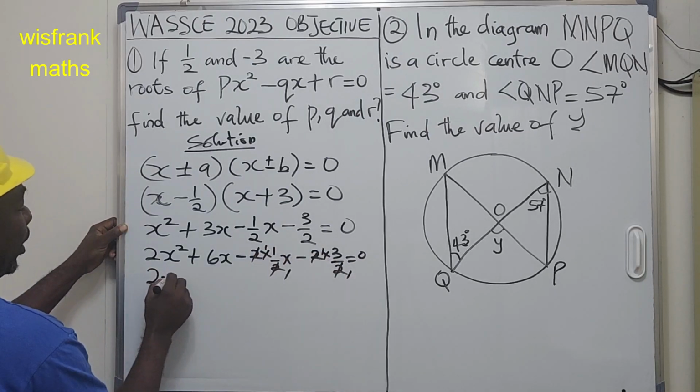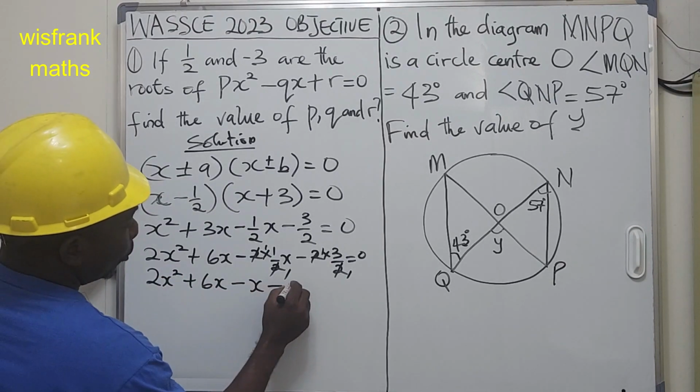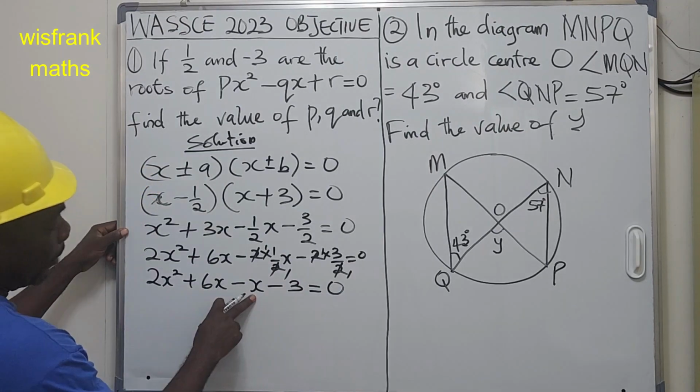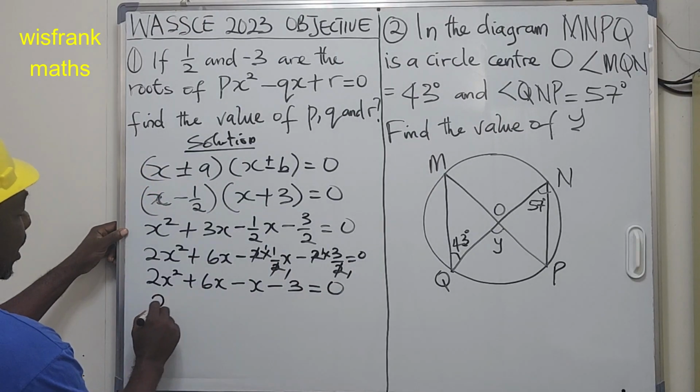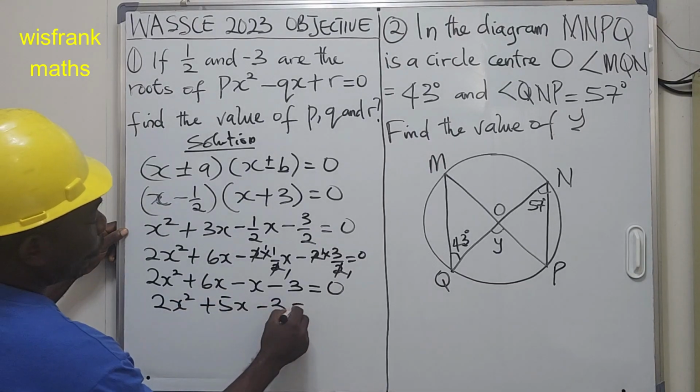And we have 2x squared plus 6x minus x minus 3 equals 0. So we have 6x here and minus x. This is the same thing as 2x squared plus 5x minus 3 equals 0.